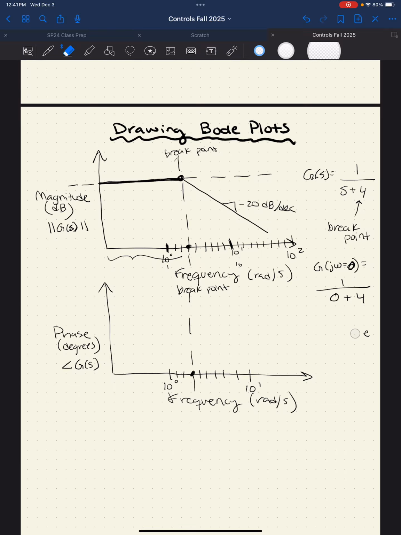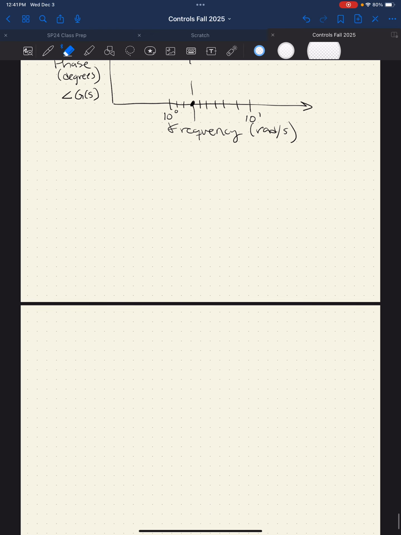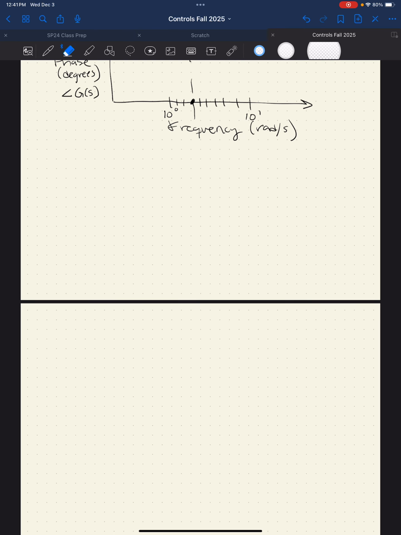Let's go back to the polar form of a complex number, because that's a different way of thinking about it if you don't want to think about drawing it on the real imaginary axis. A complex number S is equal to sigma plus j omega, where j is the imaginary number.